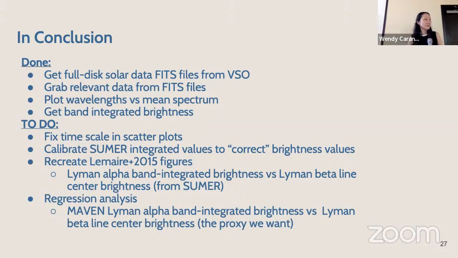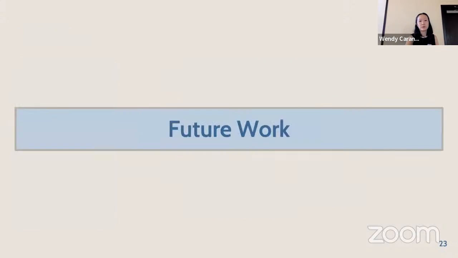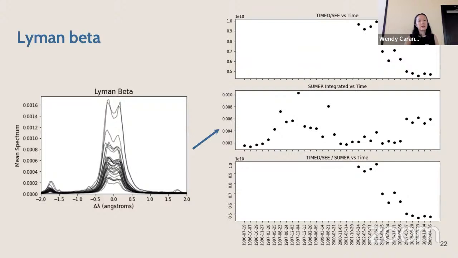So, very nice talk. I don't know if there's any reason that you might expect a different sort of correlation between Lyman alpha integrated and Lyman beta line center, but if there was, what would be the most likely other option? Maybe an exponential increase could happen, because right now the shapes, if we're looking at these integrated subplots, don't appear to be completely linear at the moment.